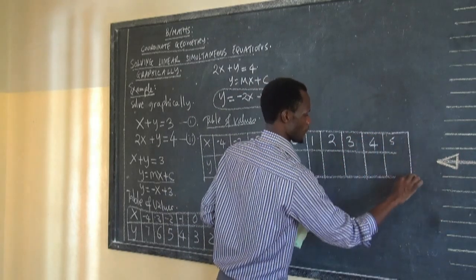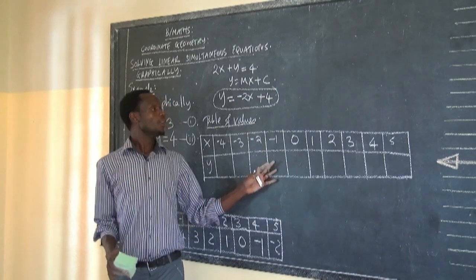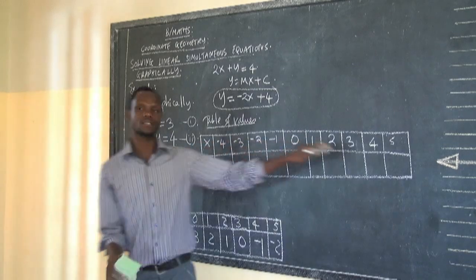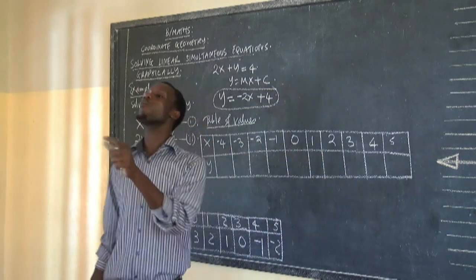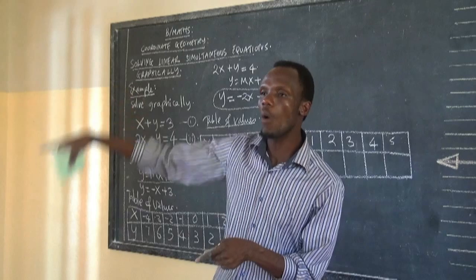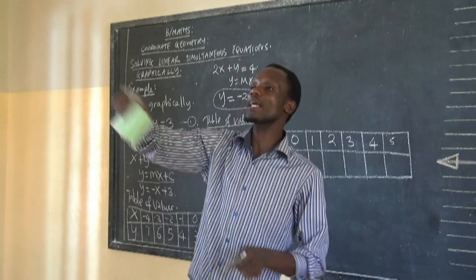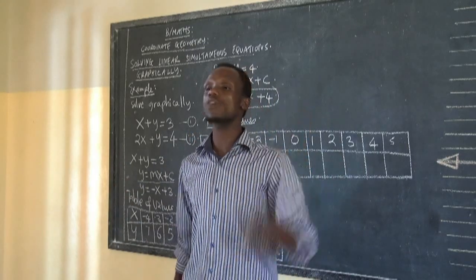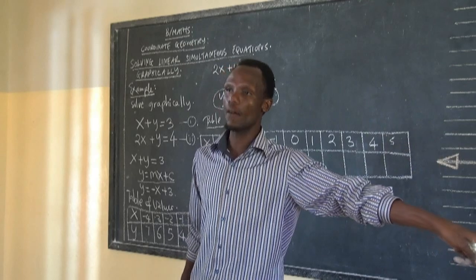Let us stop here. You have already assumed the values of x, so we need the values of y, because a coordinate point cannot be complete if there is no y, and you cannot locate the point if there is no y. So you need the value of y so that you can locate it on the graph.